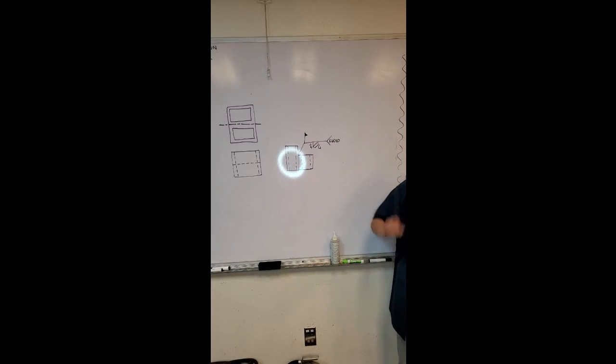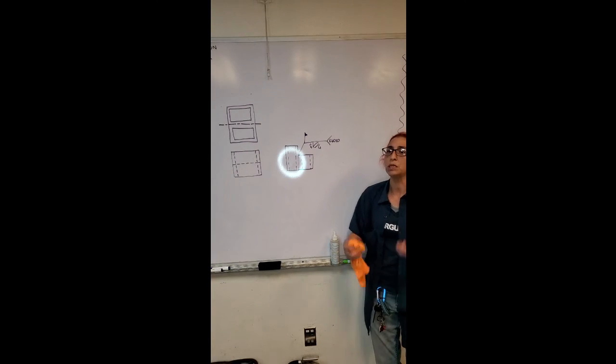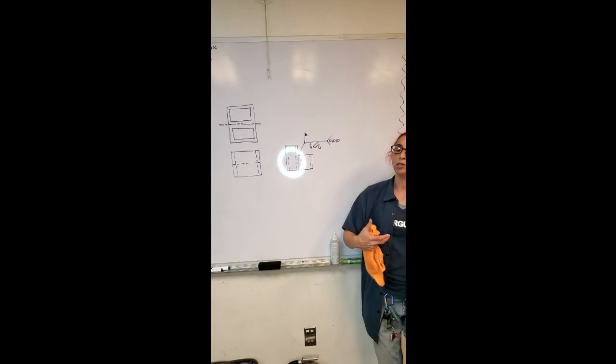Now, does the symbol always have to be in one particular view? No. It can be in any view as long as you're able to see clearly where the weld needs to go.